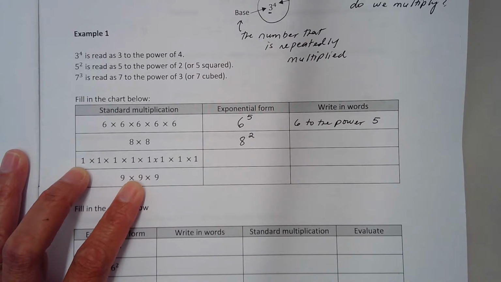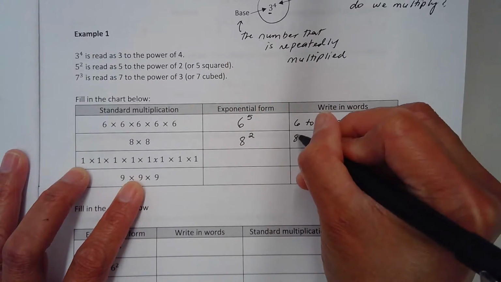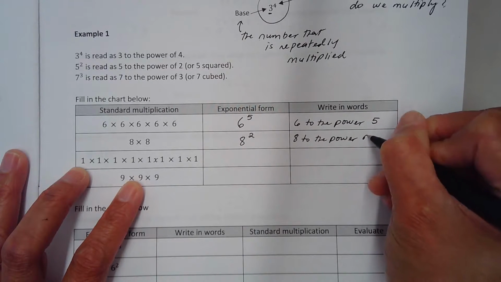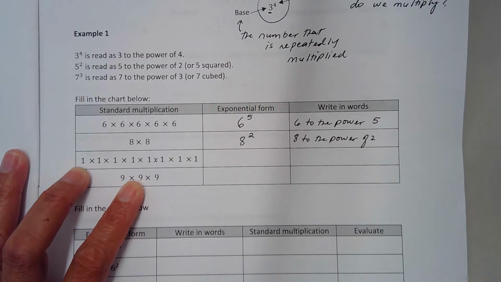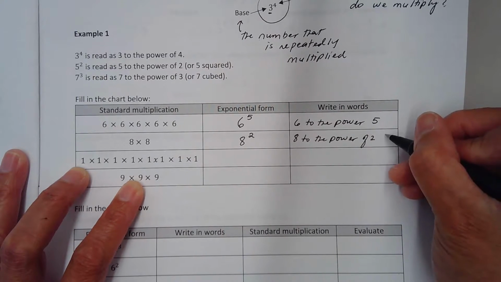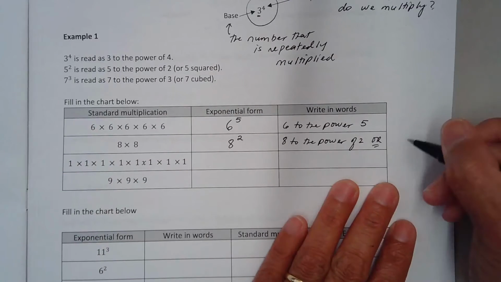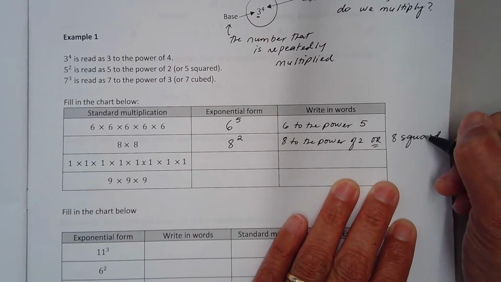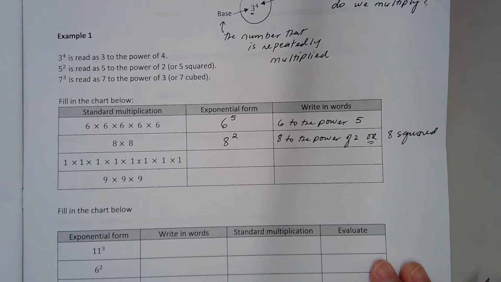How do we read that? 8 to the power of 2. What's another way of saying that? 8 squared, or exponent 2.